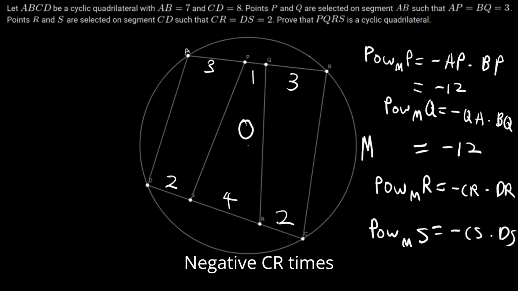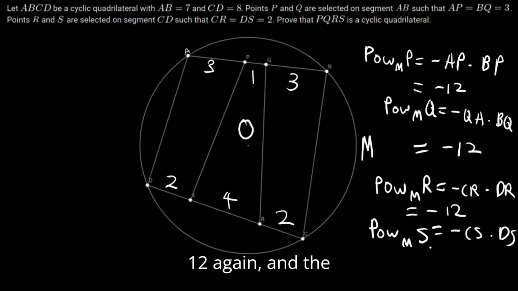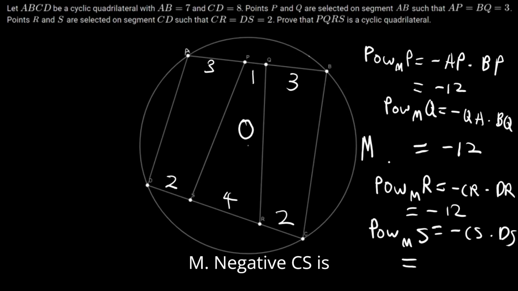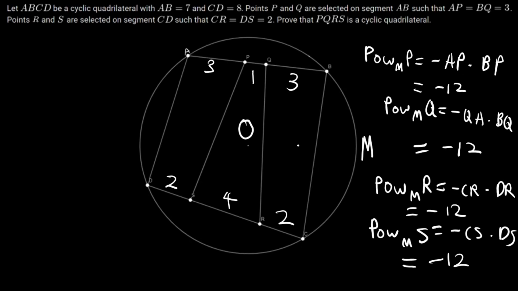Negative CR times DR equals negative 2 times 6, which is negative 12 again. And the power of S with respect to circle M, negative CS is 6 times DS is 2, so that equals negative 12 as well.